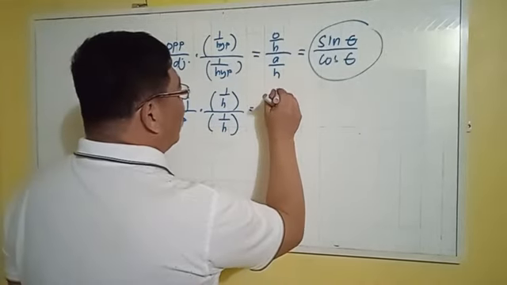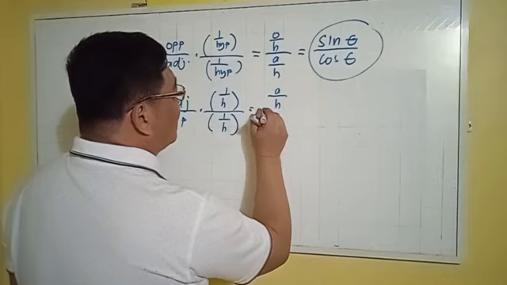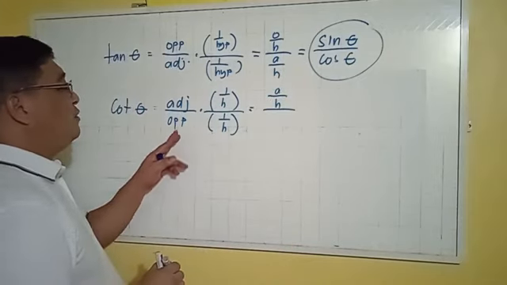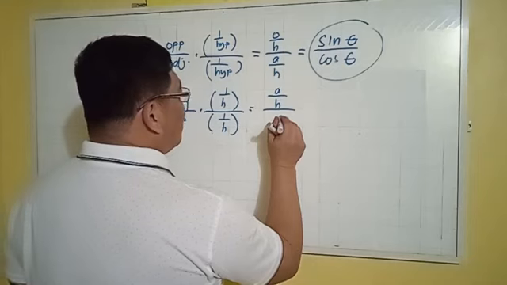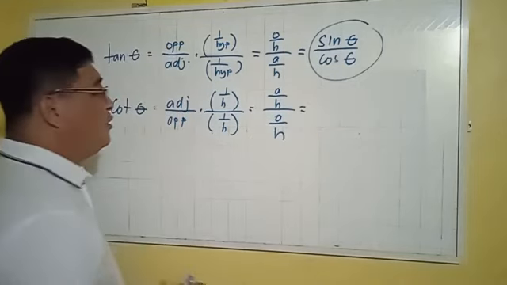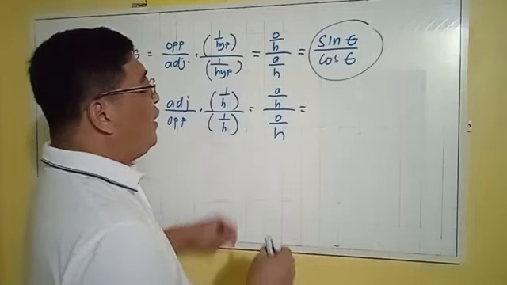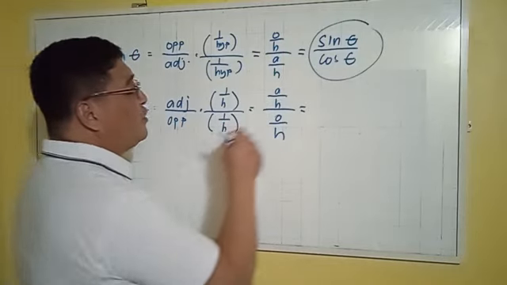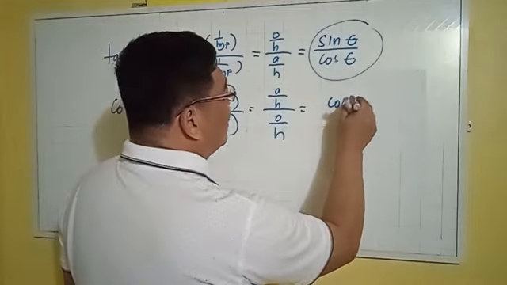We have adjacent over hypotenuse all over this one is opposite over hypotenuse. Then the ratio of a over h, or adjacent over hypotenuse, is equals to cosine theta.